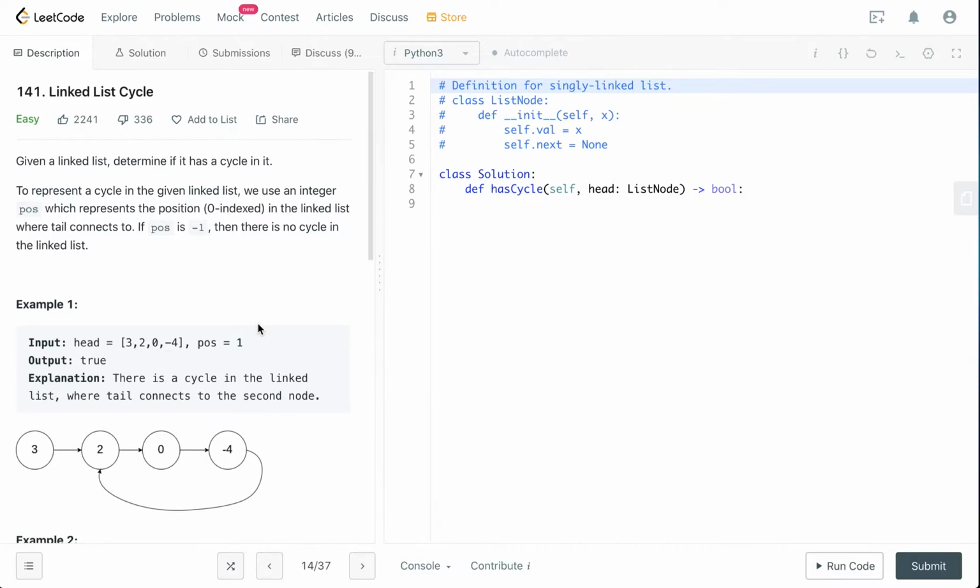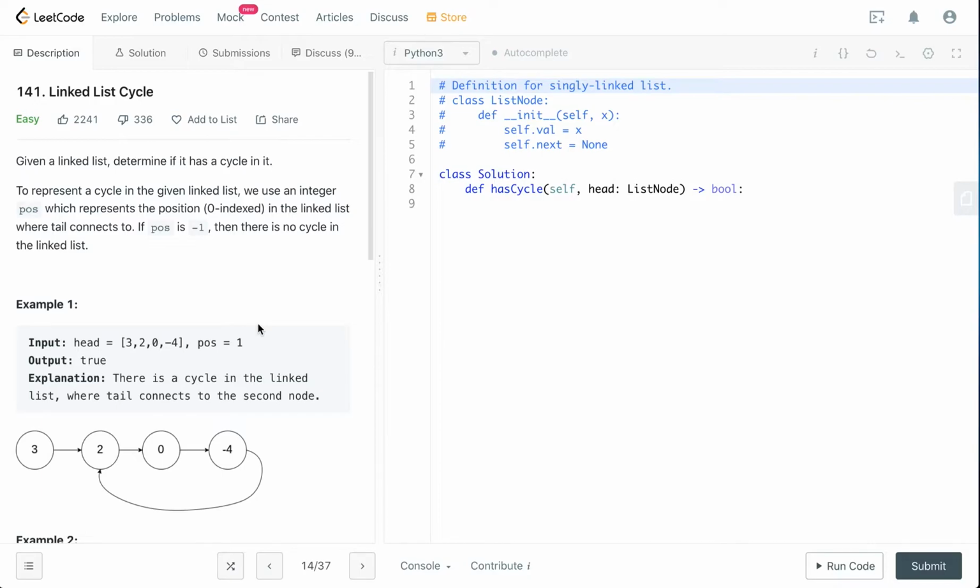If there is not a cycle, then the fast pointer will reach the end first. I hope that makes sense. This algorithm can be proved by induction.